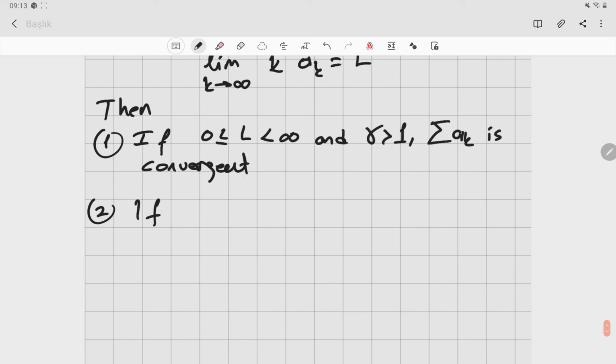If L is greater than 0 and alpha smaller than or equals 1, then the sum of a_k is divergent.